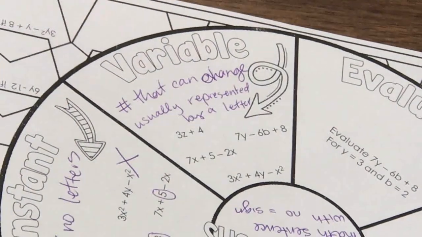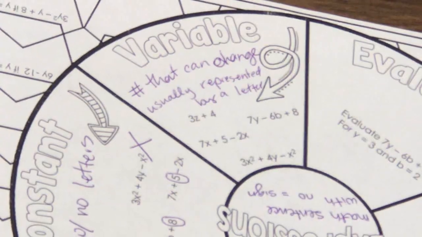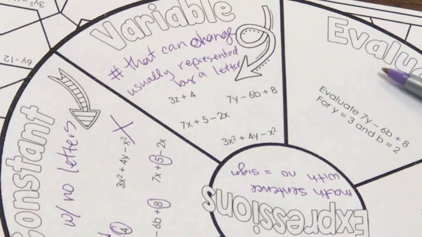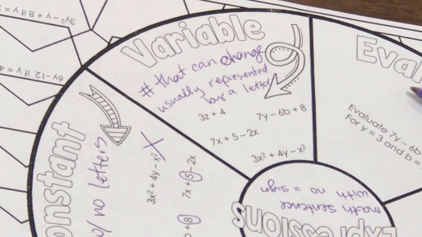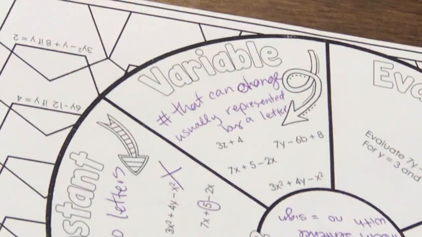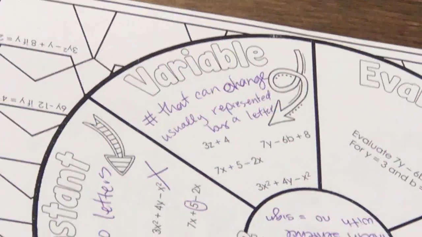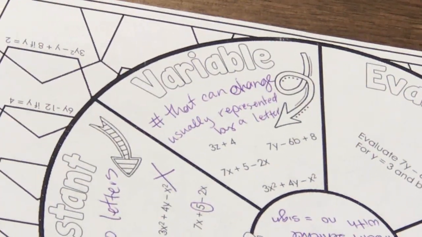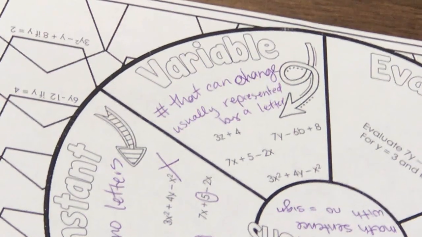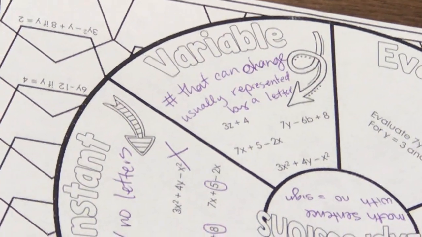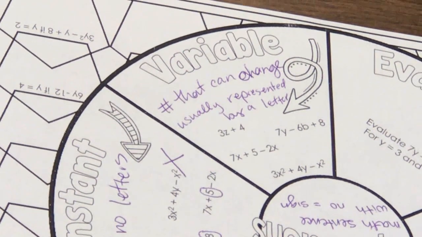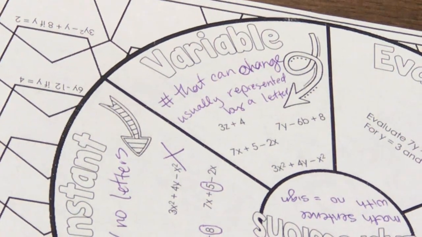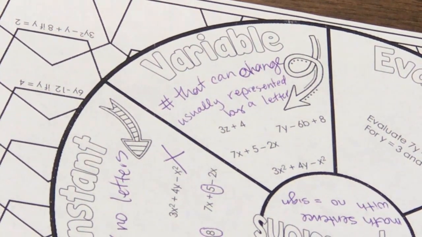Okay. I like to think of parties. Okay. You never know how many people are going to show up to your party. And so that can be letter X. X number of people are going to come to my party. However, for every guest that comes to my party, I'm going to allot them 2 cookies.